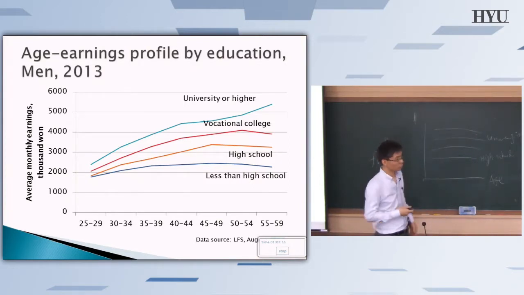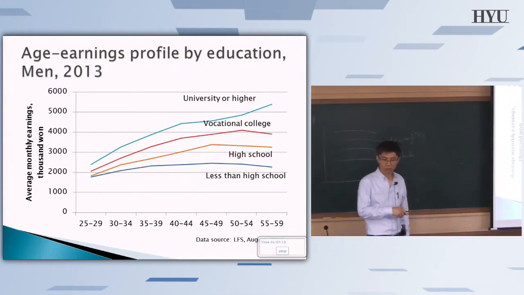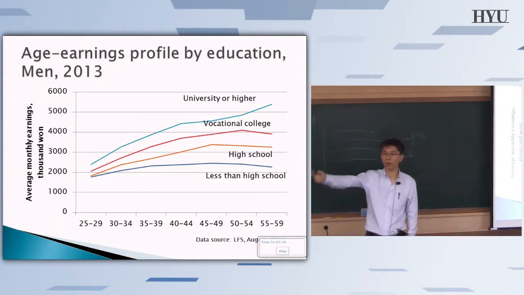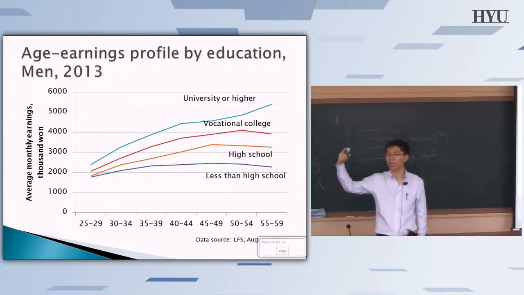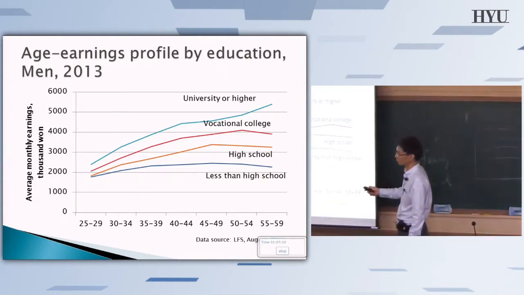You are willing to invest now in expectation of a higher return in the future. That makes you go to school more, and that makes you invest more even after schooling. So later, when they actually get the return, you have a much bigger difference by education.